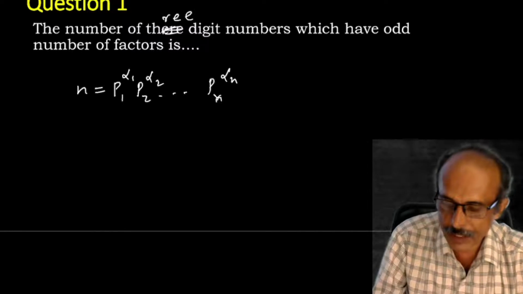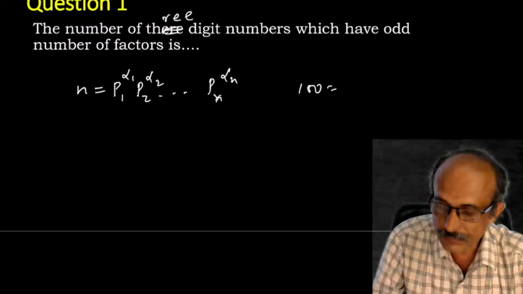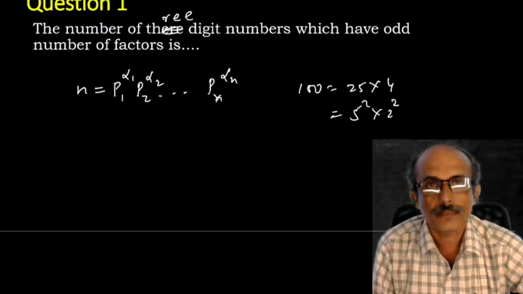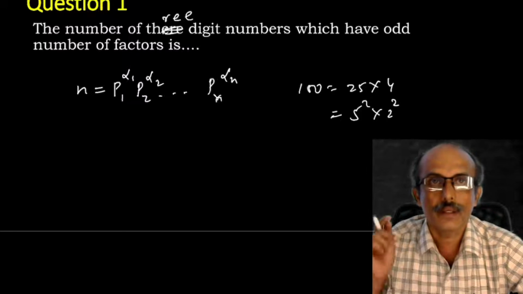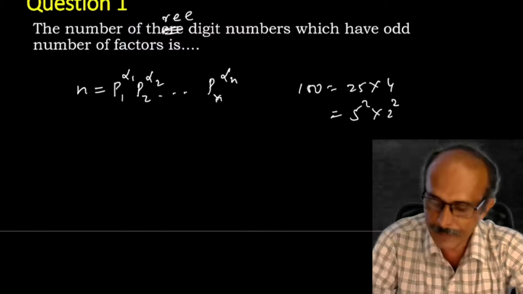For example, 100 can be written as 25 into 4, which is 5 square into 2 square.